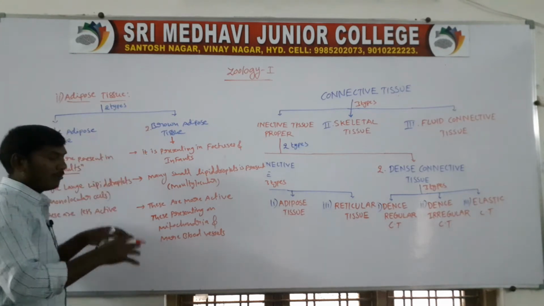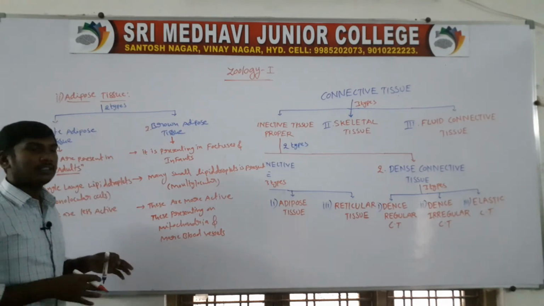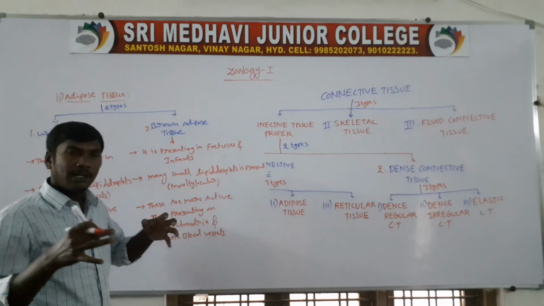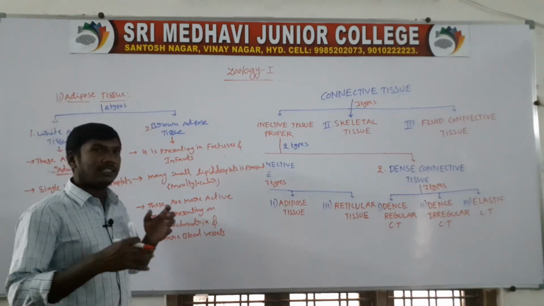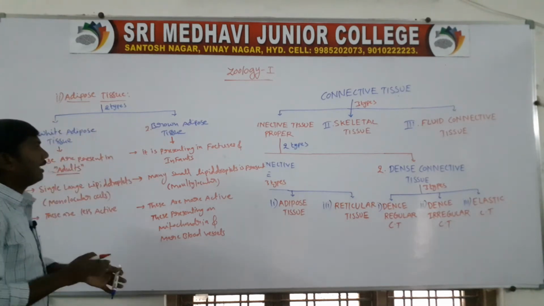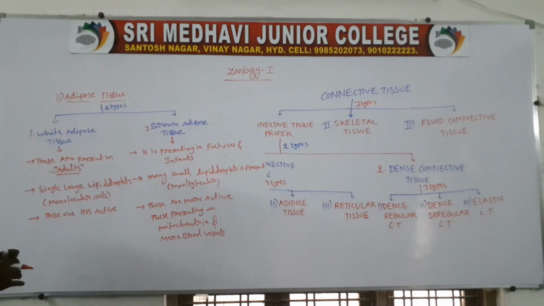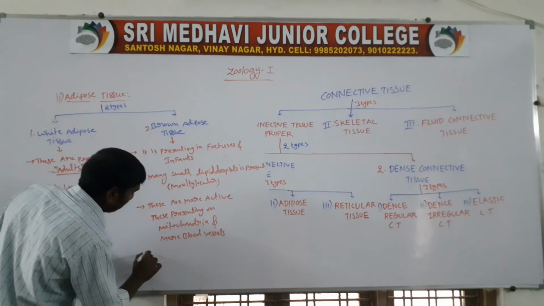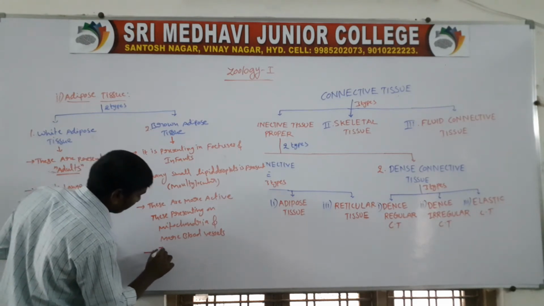More blood vessels supply more blood, and the mitochondria function to provide energy. So these are the brown adipose tissue and white adipose tissue. These also act to provide heat.